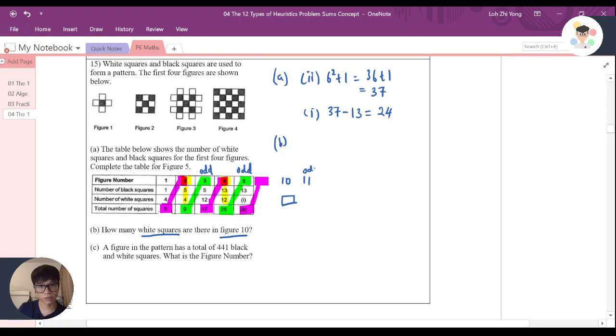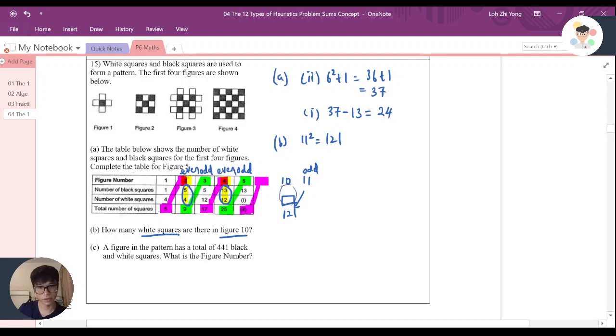And we know this is an odd number. So from this odd number, we can know the total number of squares here, which is 11 squared. So we know 11 squared is equal to 121. And again, we know that for the even number, the difference is always 1.